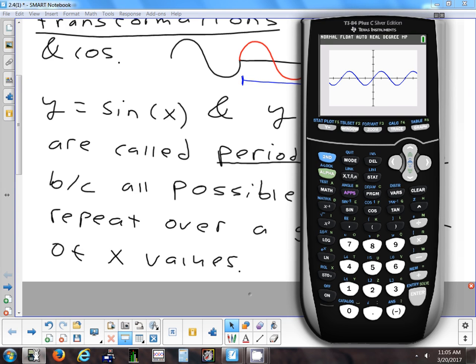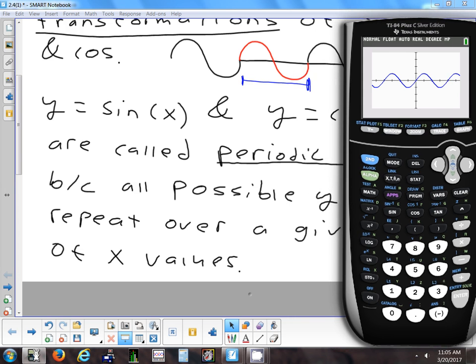Now, the other thing I want to figure out is how long it is to get from here all the way to here. How many x values did we have to go through? Does anybody have an idea of, starting at 0, where we would end in that first section, like the one I have in red right there? Think about a circle.